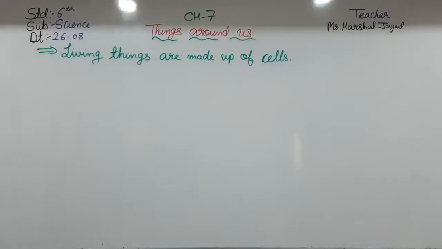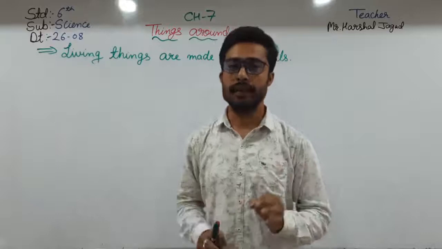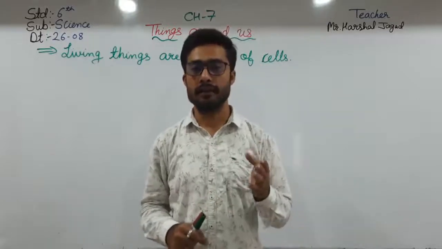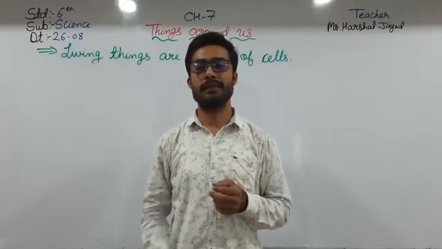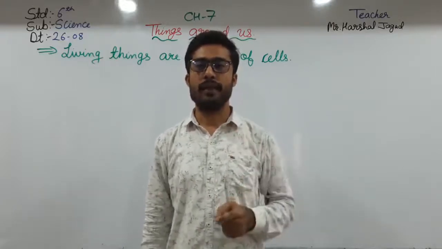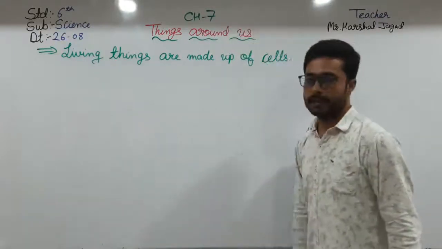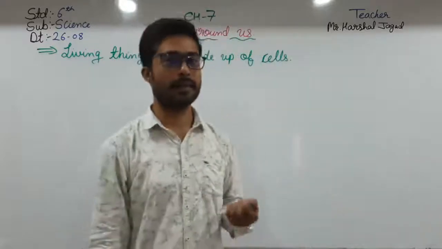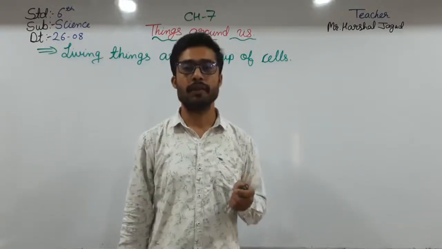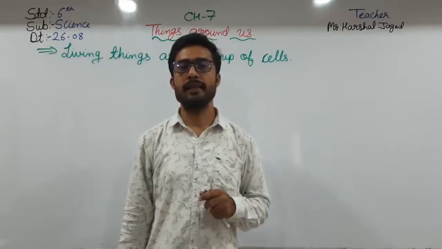We have seen the things around us, and we divided them into two types: living things and non-living things. Living things are made up of cells. What is a cell? A cell is the smallest structural and functional unit of the organism.